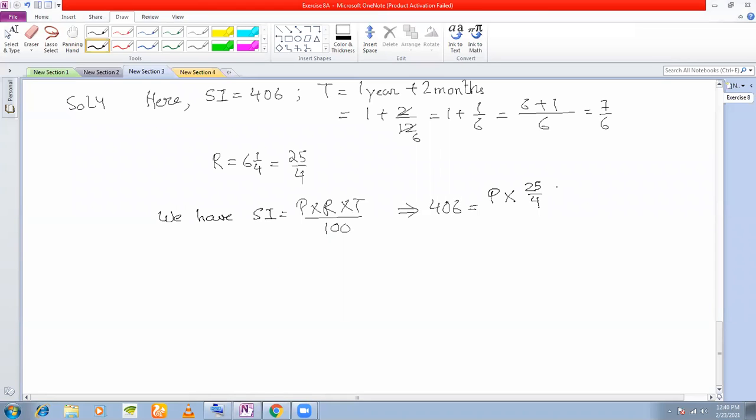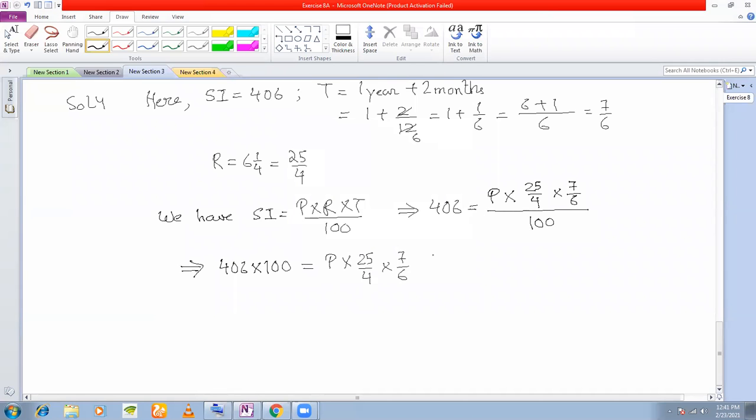And time here is 7 by 6. And you divide this by 100. Fine. Now you cross multiply. If you cross multiply, you will get 406 into 100 is equal to P into 25 by 4 into 7 by 6.